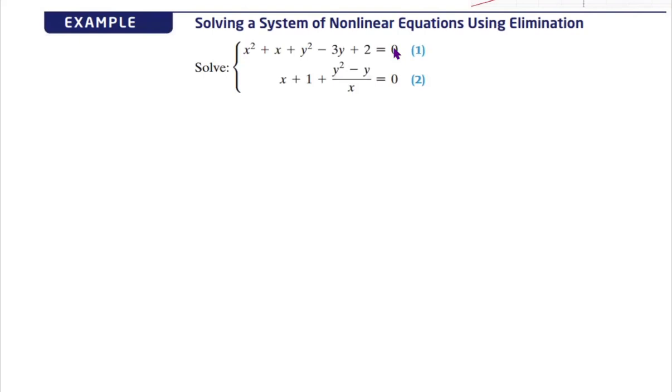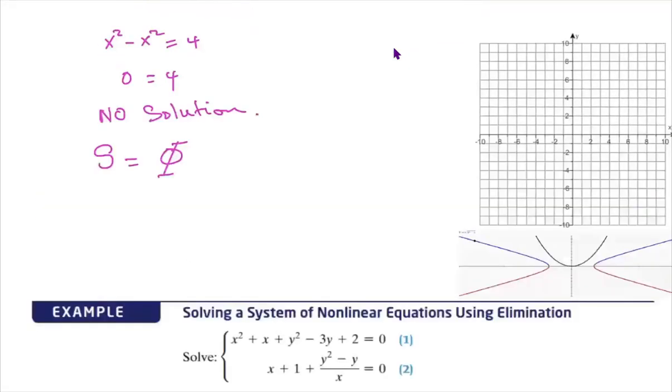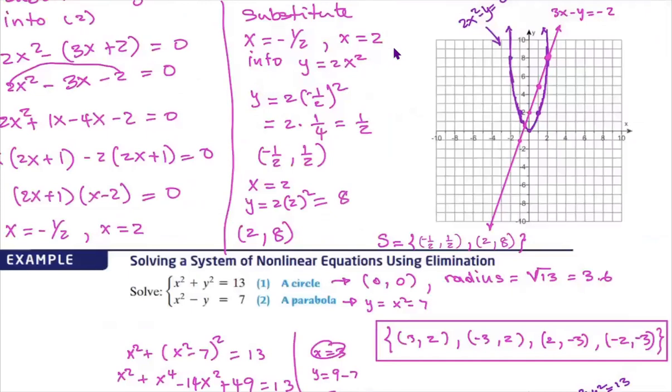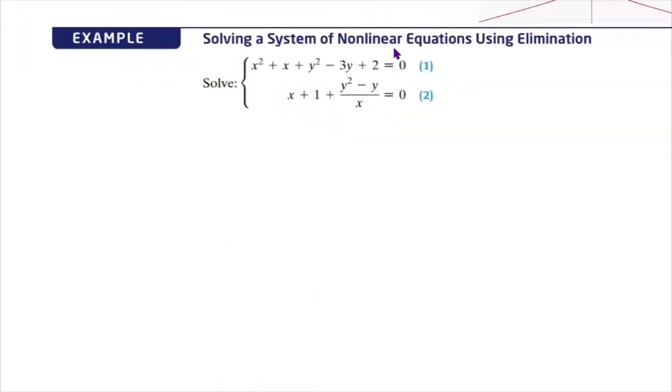When you multiply equation 1 by 2, you get 2x squared. Okay, so before we do that, let's see if we can eliminate the variable in the denominator by multiplying equation number 2 by x.